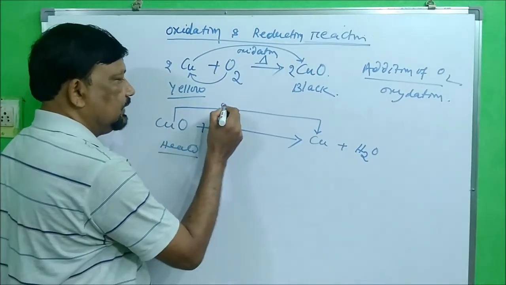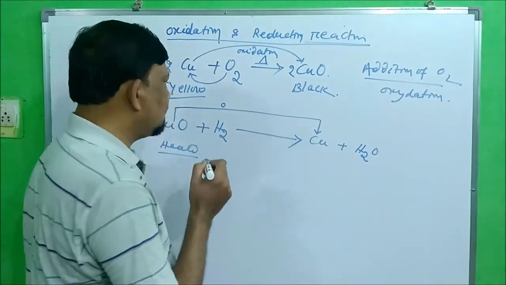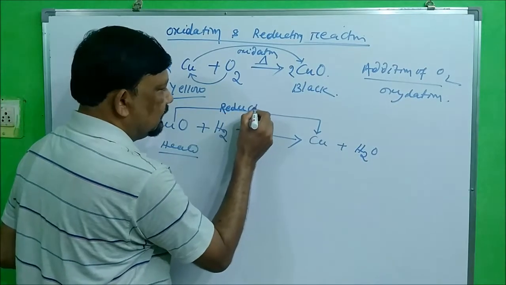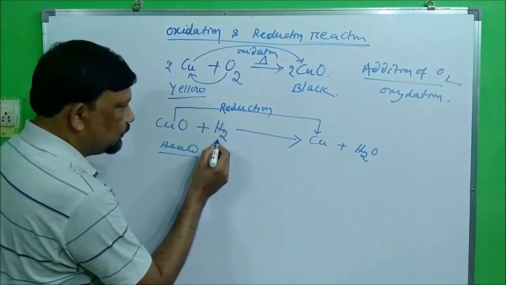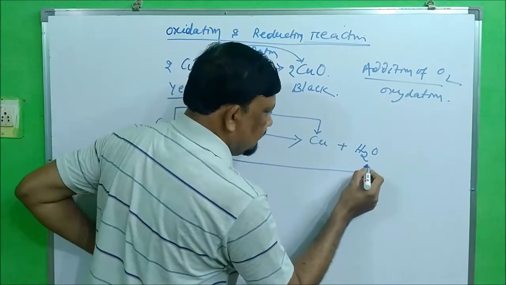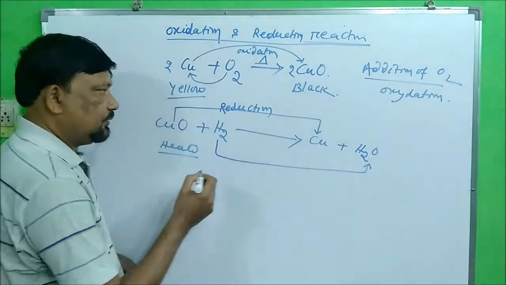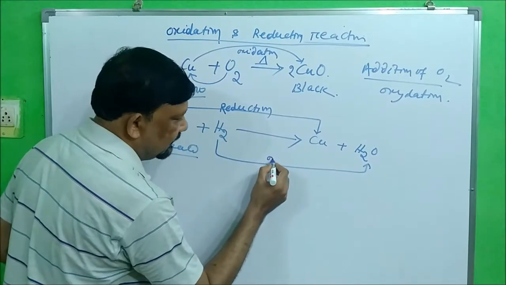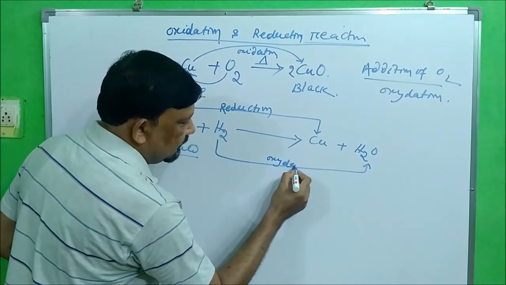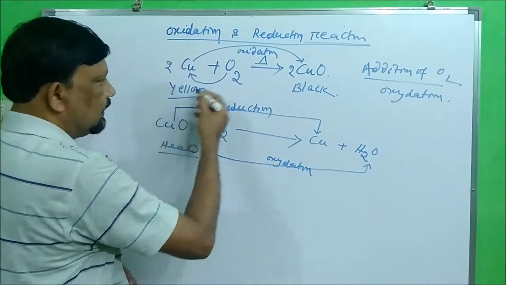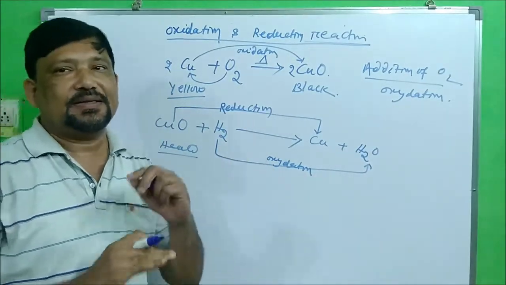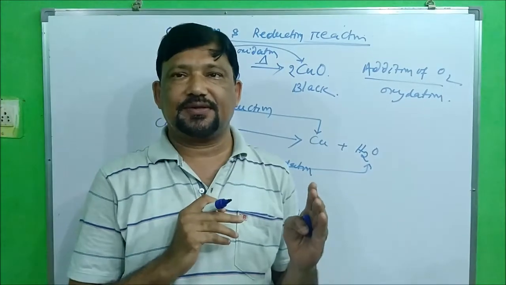This means here removal of oxygen occurs, so it is called reduction. See here, hydrogen takes up the oxygen to give water molecules. Here addition of oxygen occurs with hydrogen, and hence it is called oxidation. So this is a reaction where both oxidation and reduction are a simultaneous process.